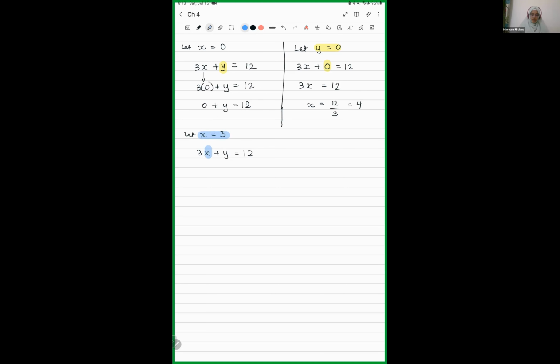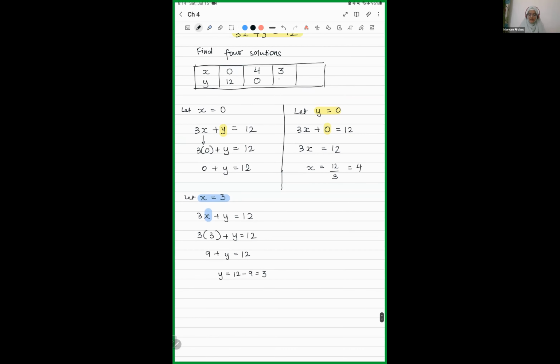So 3 times 3 plus y equals 12. What is 3 times 3 now? 9. 9 plus y equals 12. So y will be equal to 12 minus 9, which is 3. So when x is 3, y is also 3.